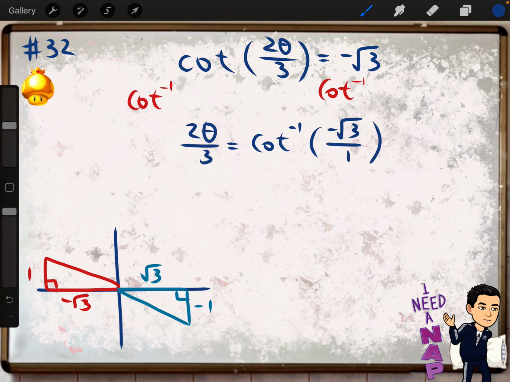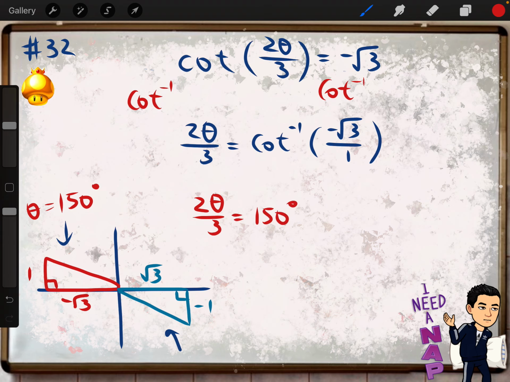Negative rad 3 over 1 gives you 2 different measures. Let's start with the red one, which is actually 150 degrees.